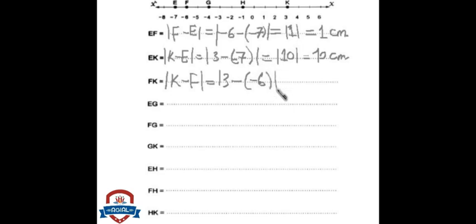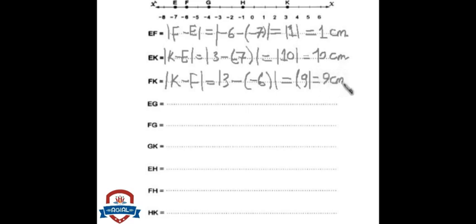The absolute value of 3 minus -6 equals the absolute value of 3 plus 6. 3 plus 6 equals 9. The absolute value of 9 equals 9.